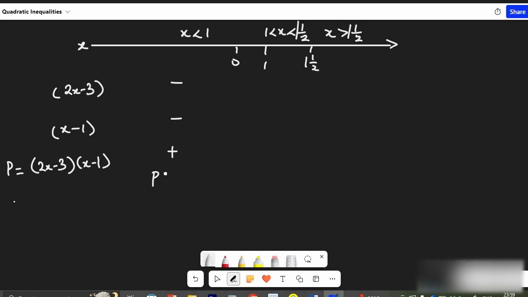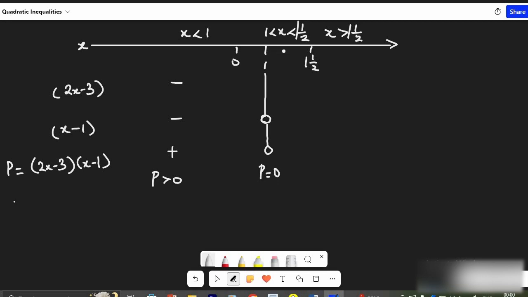So when x is less than 1 means that the product is greater than 0, right? So when x is 1, of course, x minus 1 will be 0, so the product will be 0, so we have that product is equal to 0 here.